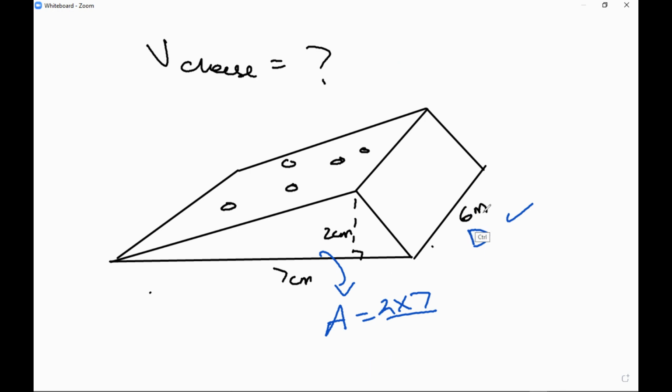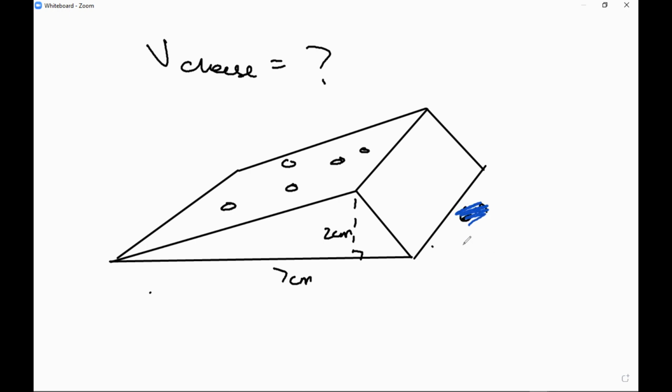Alright. If we use the units as they are, what should I have done first? Let's say this question was out of 3 marks and I only get 2 marks. What should I have done first to get the third mark? What can you see? You need to convert to meters. Good.